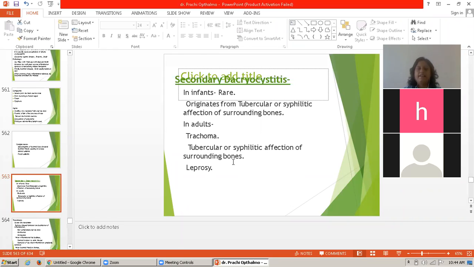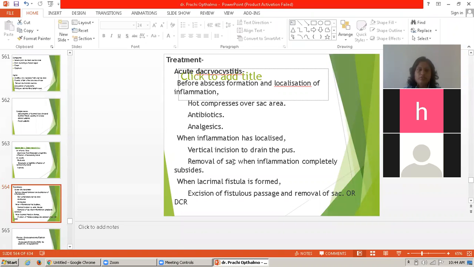So, the treatment of acute dacryocystitis consists of, before the abscess formation and localization of inflammation, hot compresses over the sac area, then antibiotics and analgesics can be used.